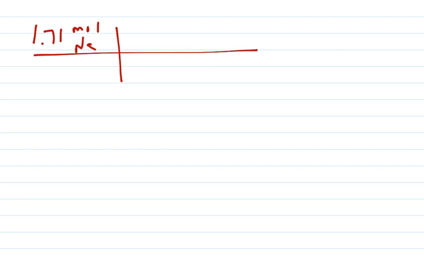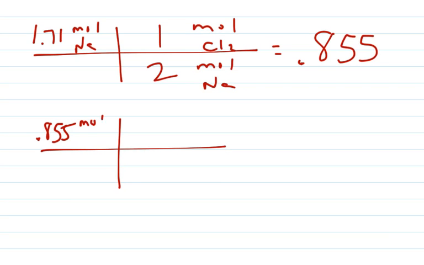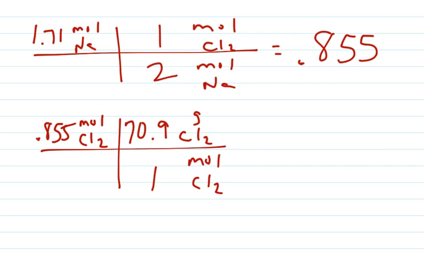Now, for the record, you don't have to do it in one long string. If, for example, you decided that you wanted to do 1.71 moles of sodium, and then you would go from moles of sodium to moles of chlorine, just like you did before, 1 of those, 2 of those, calculate it out, 0.855, and then you wanted to do a second cross. 0.855 moles of chlorine is going to be going from moles of chlorine to grams of chlorine. 1 mole, go to my periodic table, 70.9 grams.